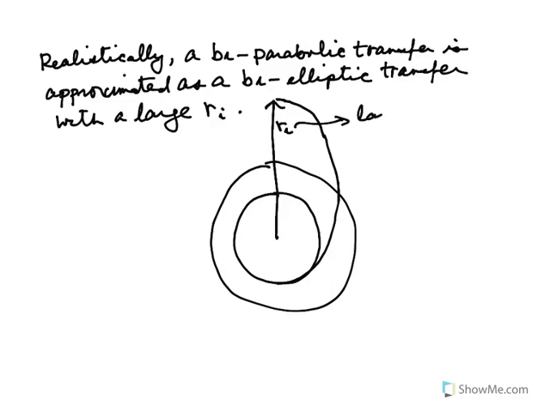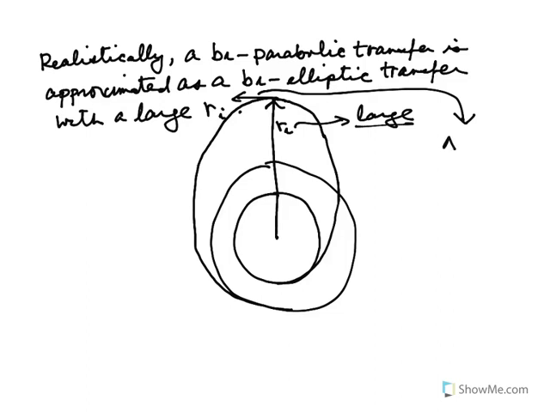And that's large. Which means that when you come back in on the inbound transfer orbit, this delta v that's applied up here, that delta v2, so this is your delta v2, is approximately 0. It's not exactly 0, but it's small. You can say it this way, it's small. So it can be neglected.